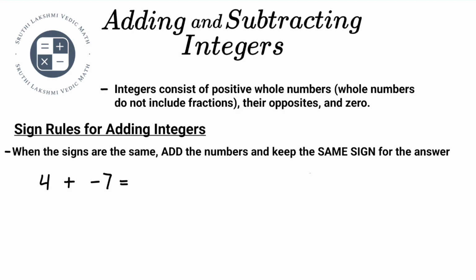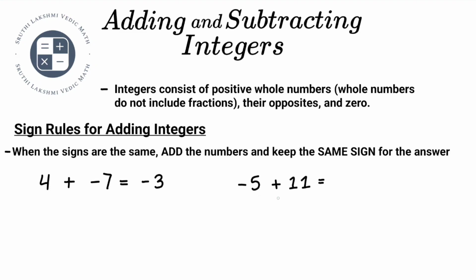In instances like this, we subtract the smaller one from the larger one while ignoring the signs in front. So 7 minus 4 is 3. Now here, the larger number is 7 if you ignore the sign. And now, since 7 is the larger number, we take its sign for the answer. So 4 plus negative 7 is equal to negative 3.